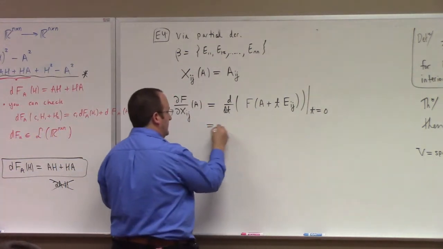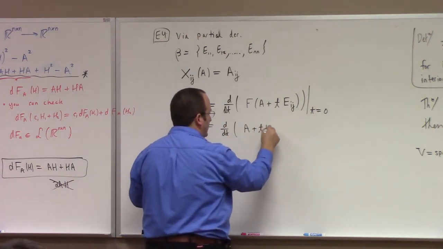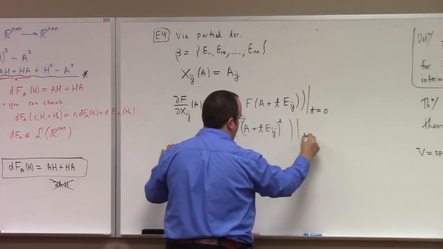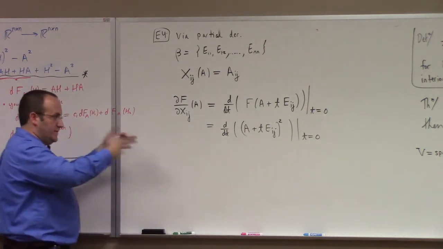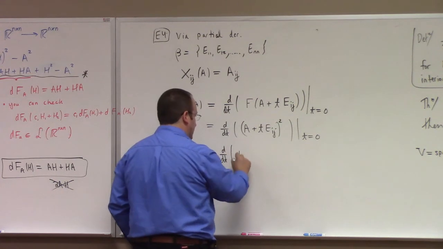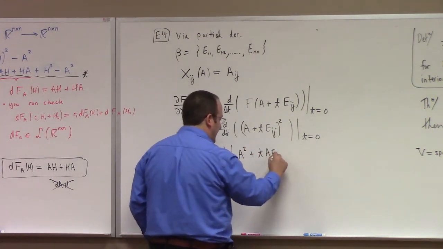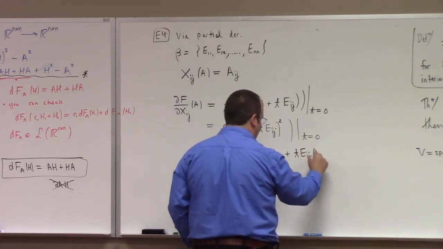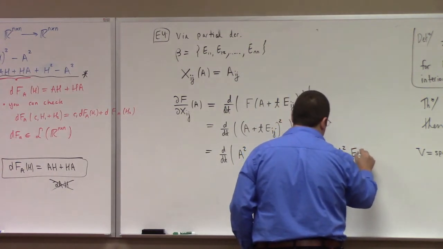Well, it's A plus t Eij quantity squared, right? Differentiate and then put t equals 0 at the end. Multiply it out, what have we got? A squared plus t A Eij plus t Eij A plus t squared Eij Eij.